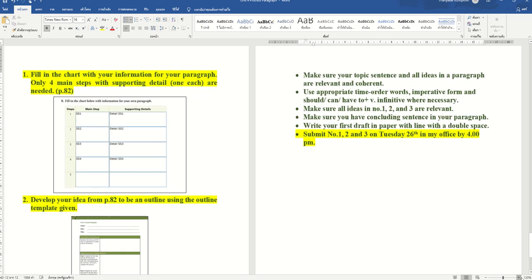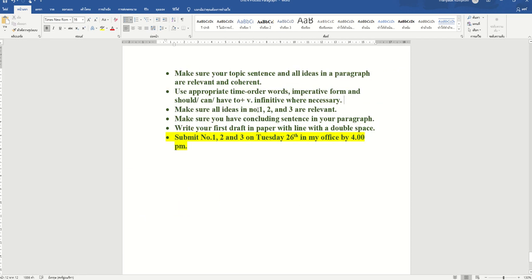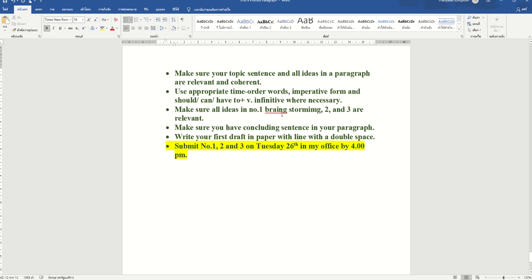And then make sure that all ideas in number 1, number 2, number 3 are the same, are relevant. 1 means brainstorming. Number 2 is outline.